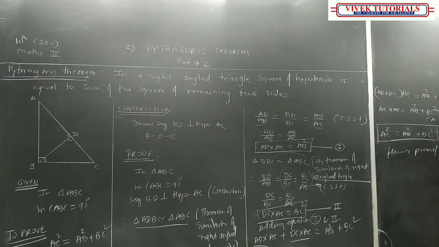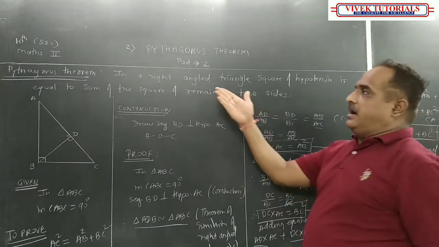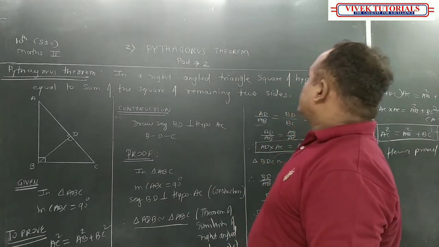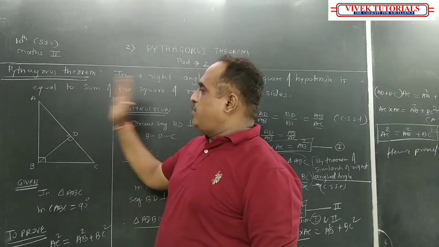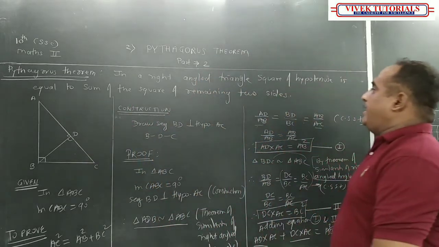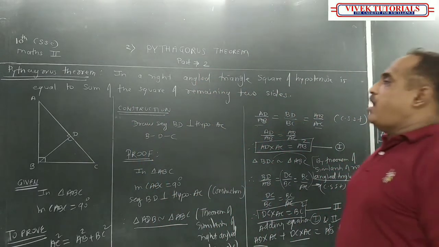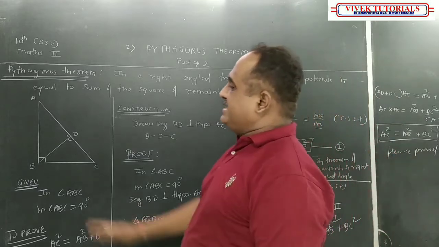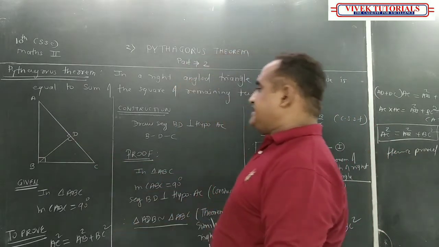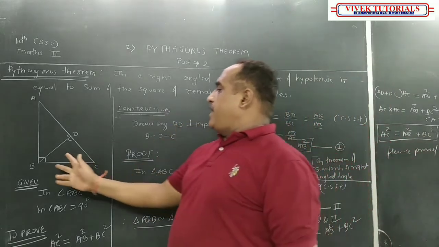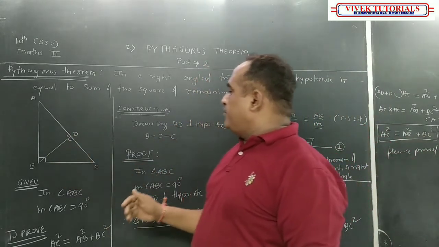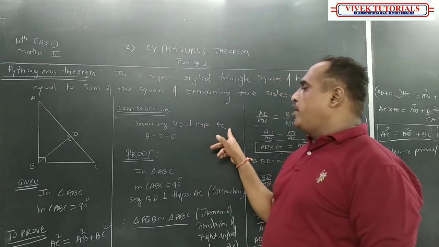Once again, in right angle triangle ABC, square of the hypotenuse AC square is equal to the sum of the squares of the remaining two sides, that is AB square plus BC square. So what we did, we drew a perpendicular to the hypotenuse from the opposite vertex, that is BD perpendicular to AC.